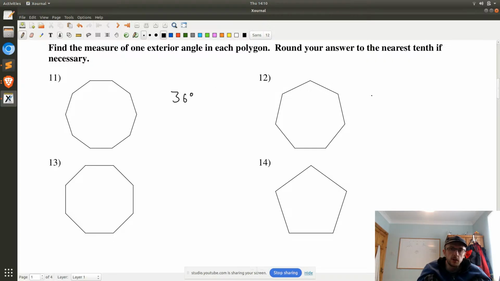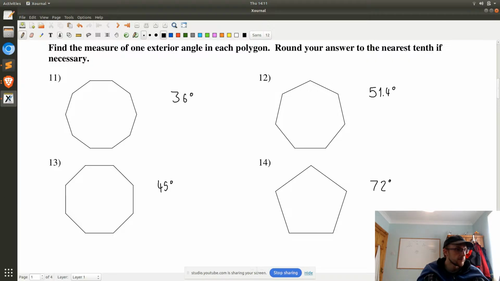This is a regular heptagon, and so we need to divide 360 by 7, and so we get 51.42857, so 51.4 degrees. This is a regular octagon, and so divide 360 by 8 to get 45 degrees. This is a regular pentagon, so divide 360 by 5 to get 72 degrees.